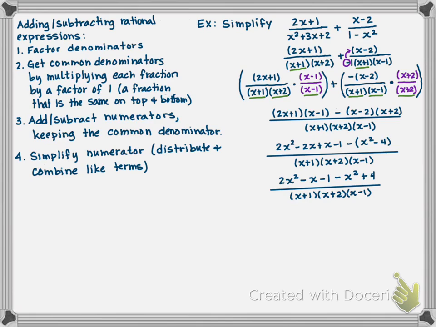So we have 2x squared minus x squared, which is x squared. Then we have negative x, and negative 1 plus 4 is positive 3. x plus 1, x plus 2, and x minus 1. So now we're at the point where we can simplify the fraction, if possible.